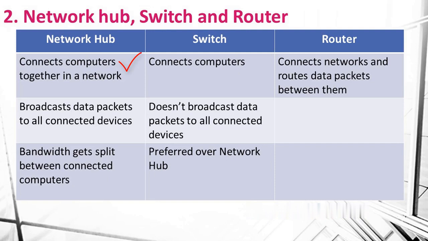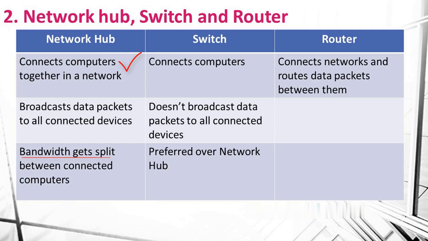This hub broadcasts the data packets to all other connected devices when it receives the packet of data from one connected device. The result is the network bandwidth is split between all of the connected computers, which makes the connection slower. And this is the reason why network hubs are rarely used.